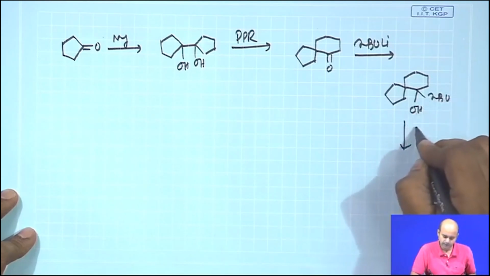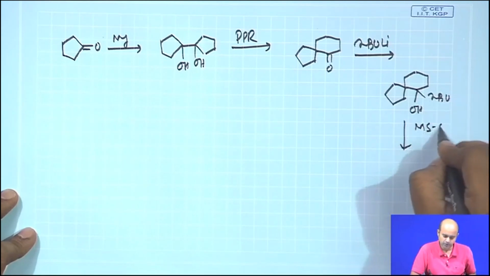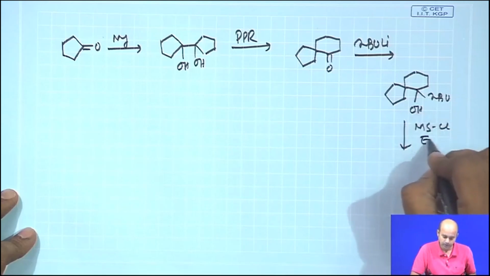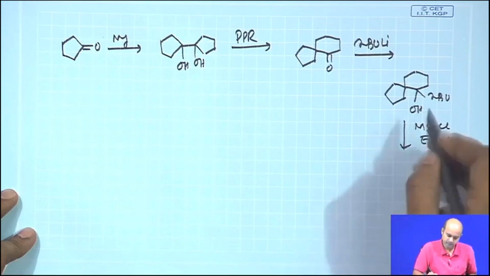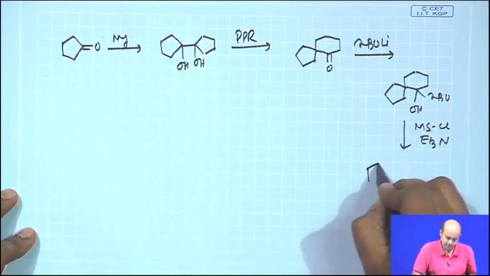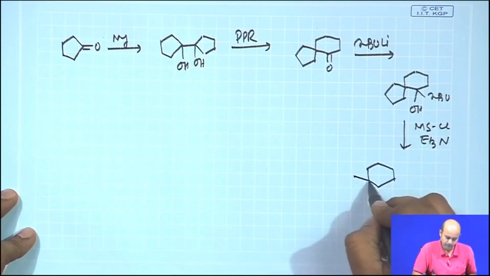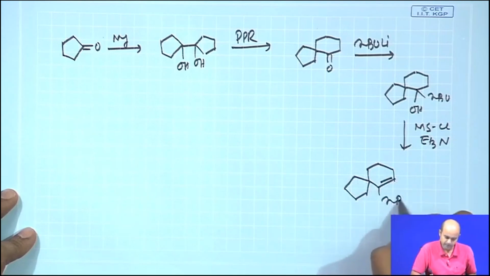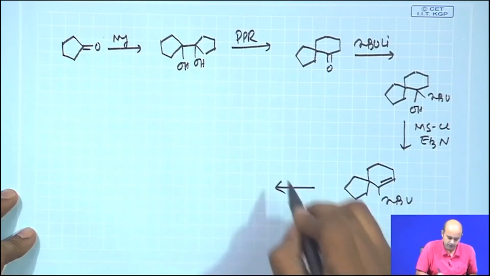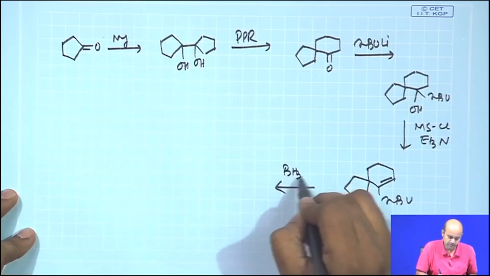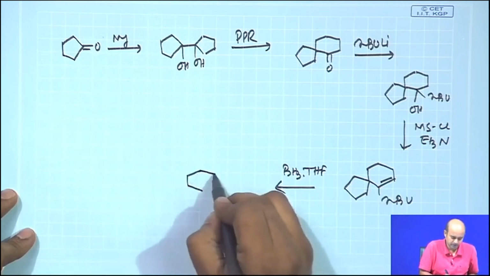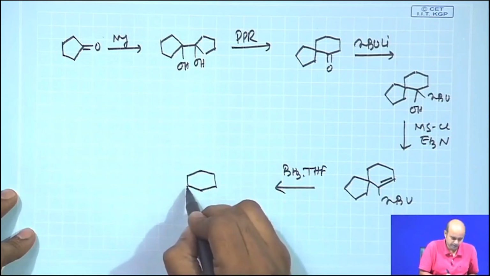You make the corresponding mesyl chloride by treating this alcohol with mesyl chloride and do a 1,2 elimination, that gives you the corresponding olefin which is required. Okay. Then you do the hydroboration with borane THF.